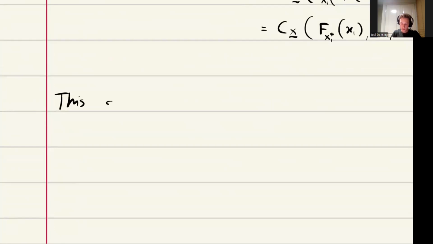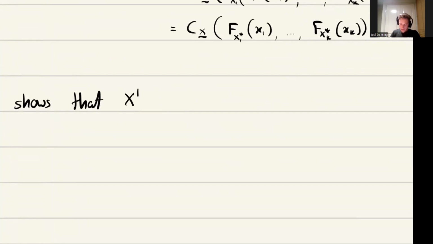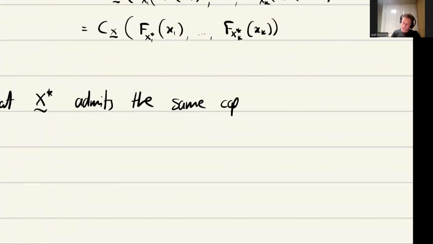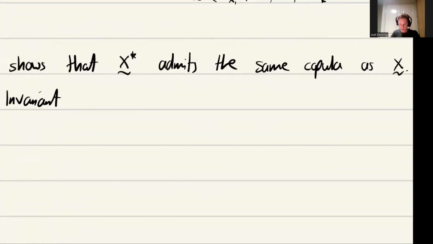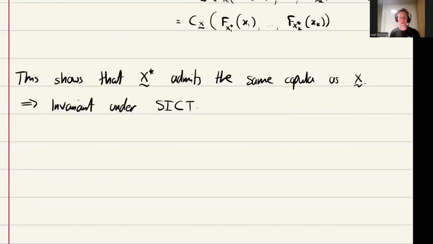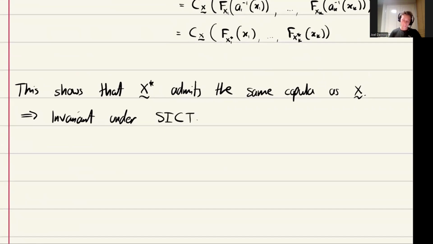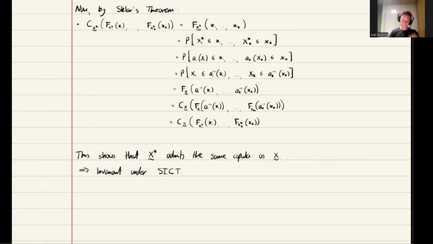So we're just going to say this shows that x star tilde admits the same copula as x tilde, right? Which implies that the copula is invariant under strictly increasing continuous transformations. Right? I can't be bothered writing out all the words. Okay, which is a very cool result.